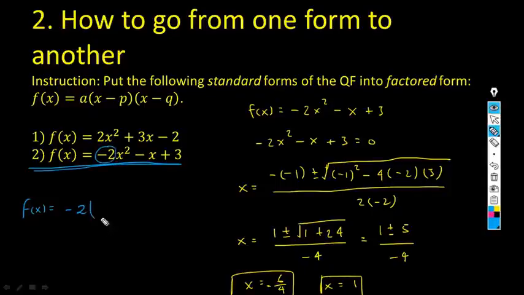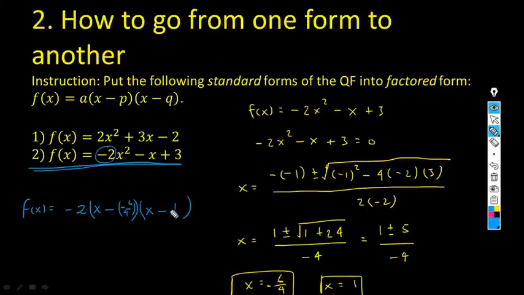Minus 2 times two binomials in the form x minus some number and x minus some number. What are those numbers? These two solutions that you got in here. So it's going to be x minus 6 over 4. Oops, I'm cramming it. And the other one is just 1.